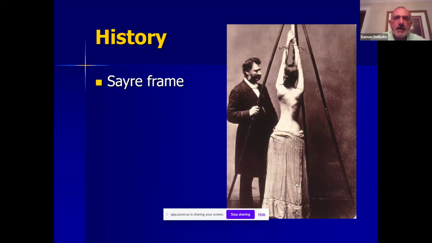Louis Sayer was a physician in New York who used to treat these curves by first hanging the child, getting correction, and then applying a plaster cast. And Sayer frames are still in use around the world for custom bracing.